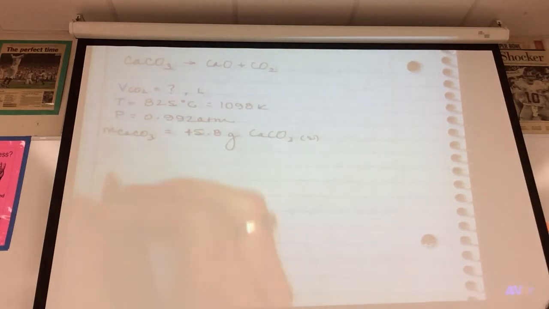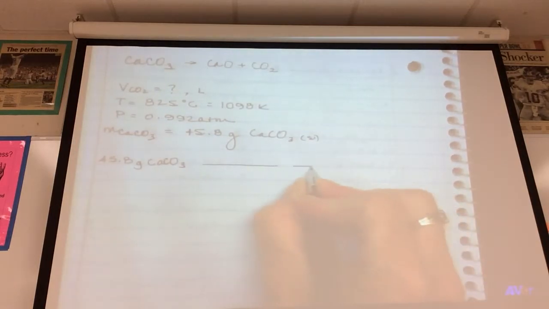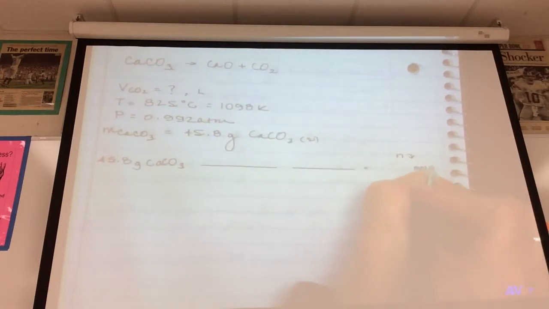Faith? Can you use stoichiometry to convert the grams to moles and then moles to a gas? Exactly. So what you want to do is convert the mass of the solid to moles of solid. That'll be our n. You want to get moles of CO2.